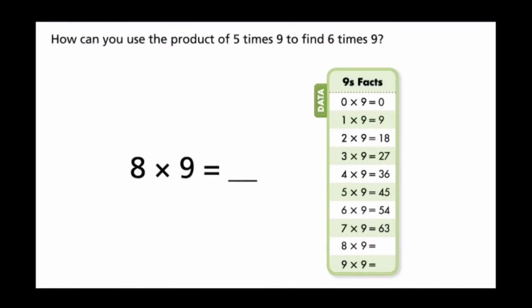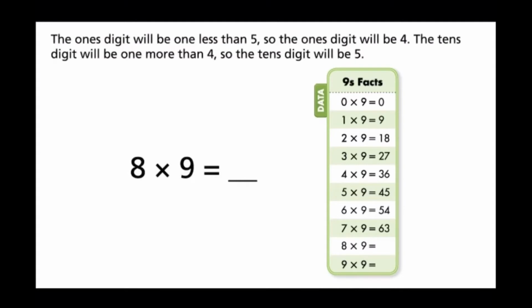How can you use the product of 5 times 9 to find 6 times 9? The ones digit will be 1 less than 5, so the ones digit will be 4. The tens digit will be 1 more than 4, so the tens digit will be 5.